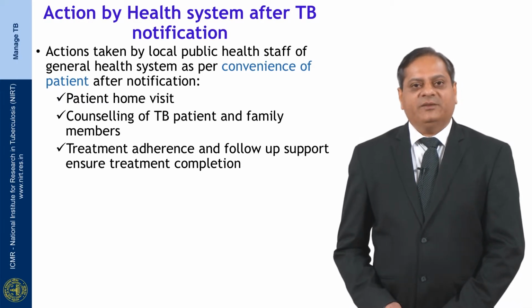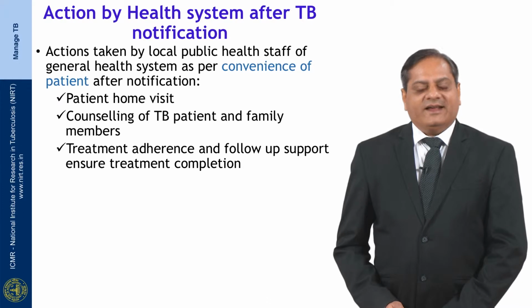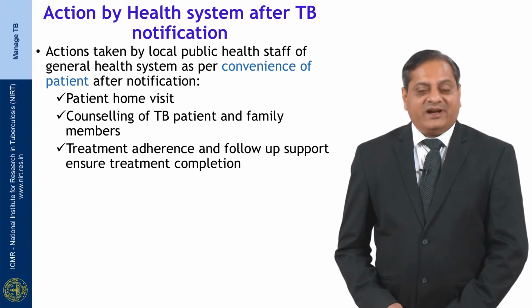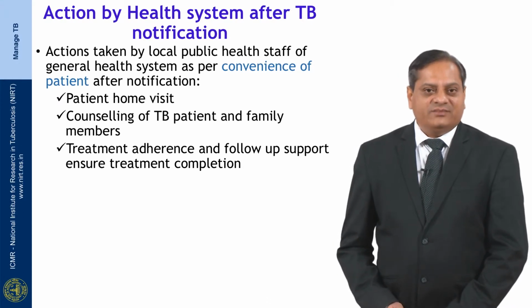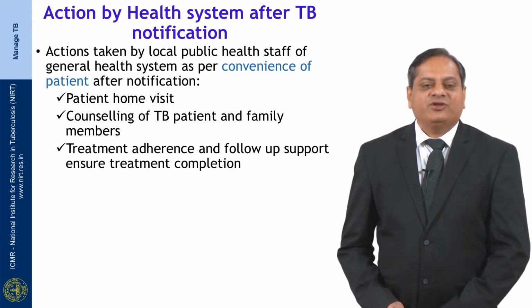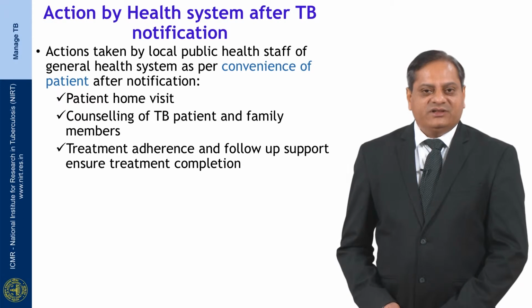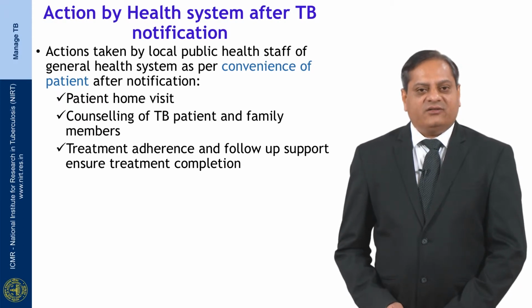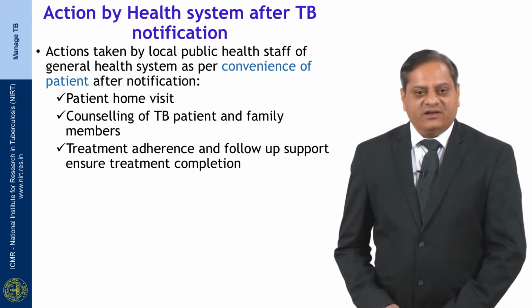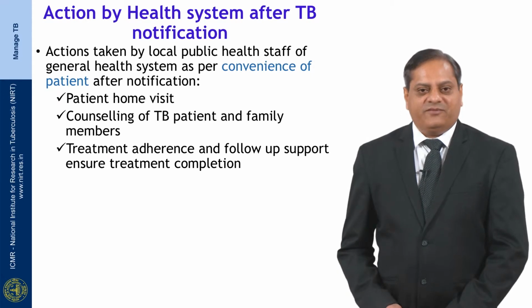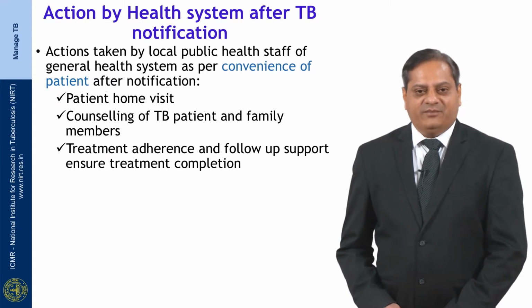Patients who are treated by the private sector get the best of the diagnosis and treatment, but at the same time there is no system to track these patients and support them over a period of time in an active manner. So, this is one of the most important functions of the public health staff: to give them the treatment adherence support and follow up to ensure treatment completion.